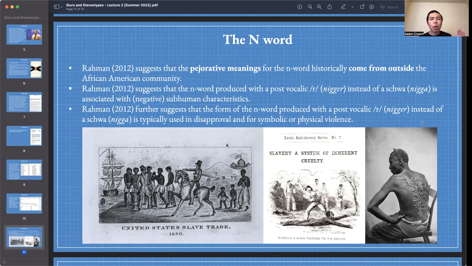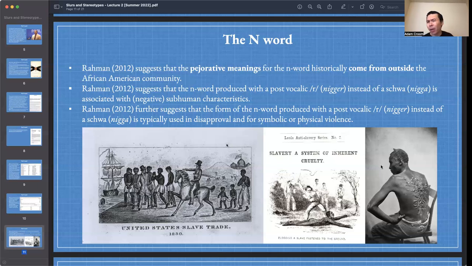At least the pejorative usage, okay? So we can think about this version of the N-word, who's using it and in what contexts, okay? And we see that it's a non-in-group member, so an out-group member in context of physical and symbolic violence, okay?